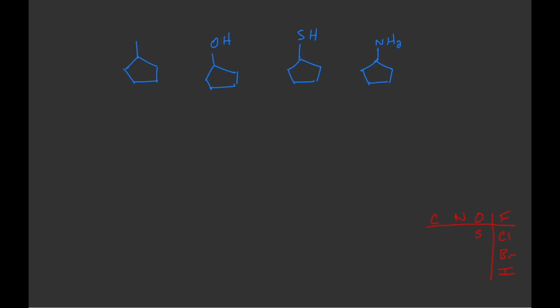Okay, so for determining the acidity of these compounds, the first thing we want to do is look at the electronegativity. If we were to order these in order of electronegativity, our methyl group has a carbon. Carbon is going to be the least electronegative, so we will put carbon last based on electronegativity.